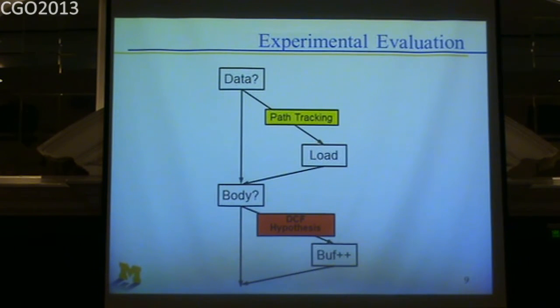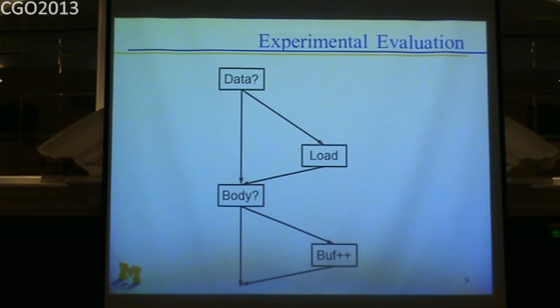If, however, in that period of time, the path tracking and dynamic control frontier hypothesis are executed, then that hypothesis is refuted. In either case, the instrumentation is then purged from the code.